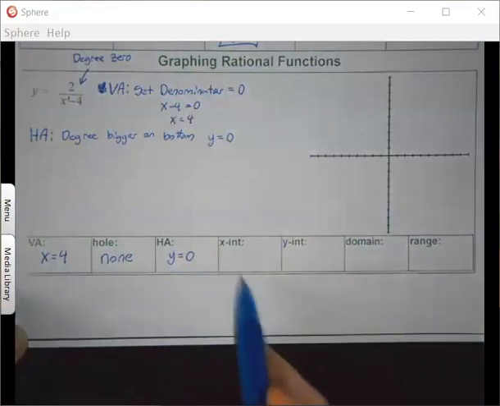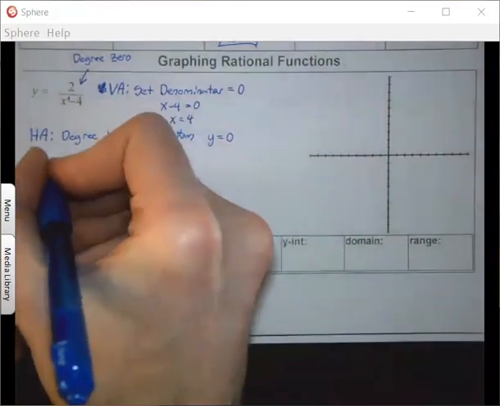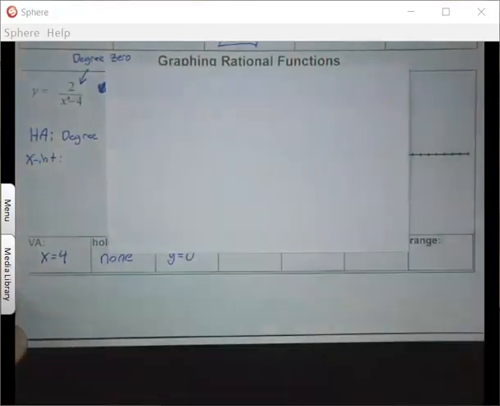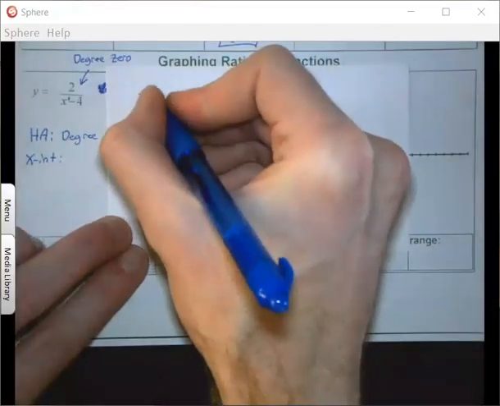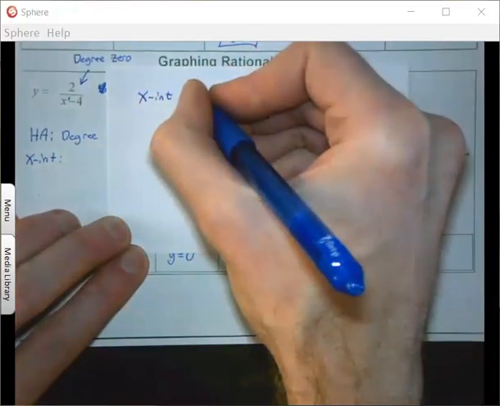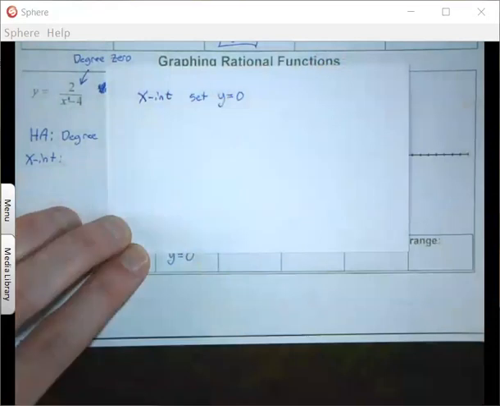All right, x-intercept. Now for the x-intercept, let's do a little bit of an aside. We'll talk about the x-intercept a little bit. Because usually with an x-intercept, you would just set y equal to 0.